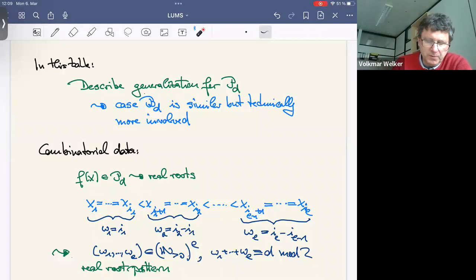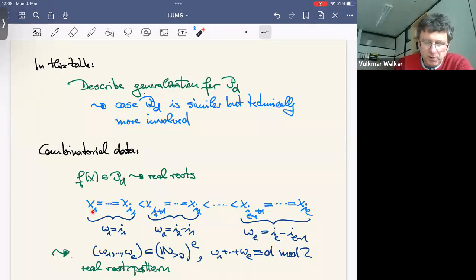So we go from a monic polynomial of degree d with real coefficients, and we consider its real roots. There may be none, but okay, I don't care. But we collect them. So they are real numbers, so we can order them in ascending order. And we do that.